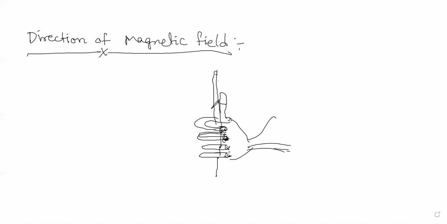So this is my conductor. I hold the conductor like this. A current is flowing through this conductor like this. I hold the conductor like this and place the thumb in the direction of the current flow. The curl of my fingers shows the direction of the magnetic field.